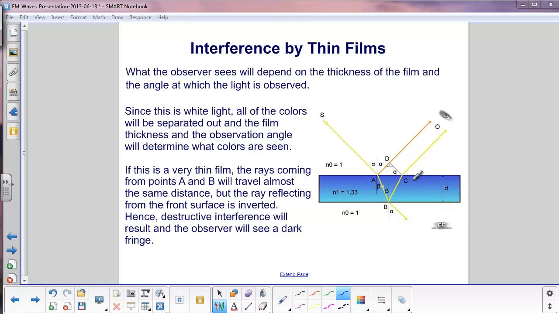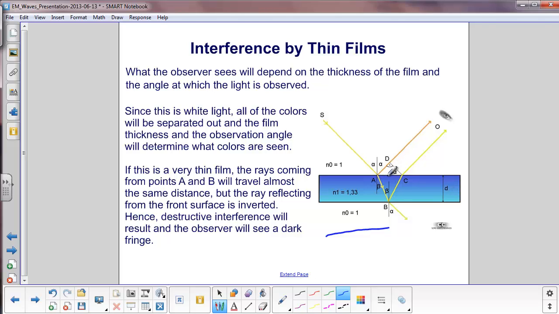Now if we have a very thin film, where instead of being this thick, maybe it's just like this, the rays coming from point A, which is the partial reflection off the front surface, and from point B, which is the partial reflection off the second surface, will travel almost the same distance because the two surfaces are so close to each other. But, and you don't have to worry about this right now, the ray reflecting from the front surface is inverted.